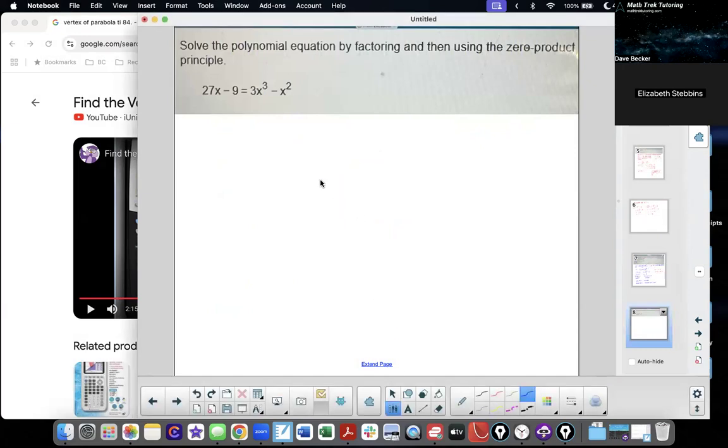You would have to get everything on one side, and you generally want to make the term with the highest exponent positive. So I would do this.